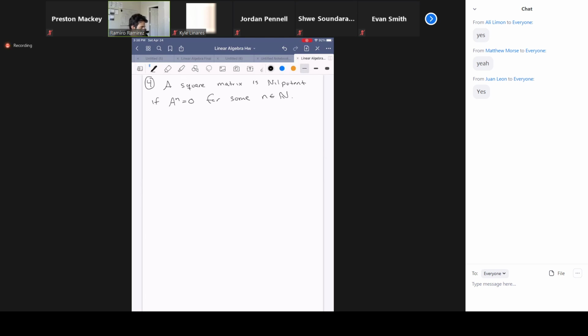Okay, so first question. It says let V be the vector space of all 2 by 2 matrices with real entries, and let H, a subset of V, be the set of all 2 by 2 nilpotent matrices.